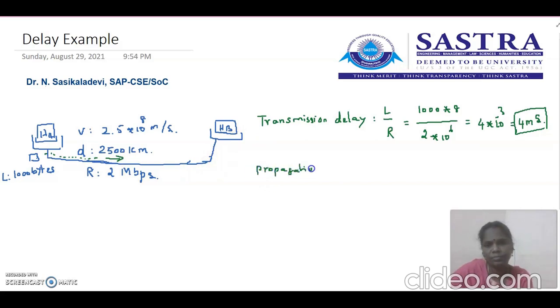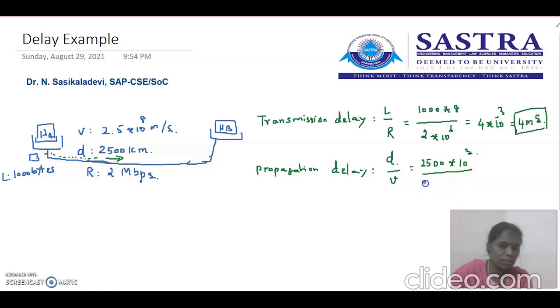The propagation delay is distance by velocity. Here the distance is 2500 kilometer, 2500 into 10 power 3 meters, by the velocity in fiber channel, 2.5 into 10 power 8 meter per second.